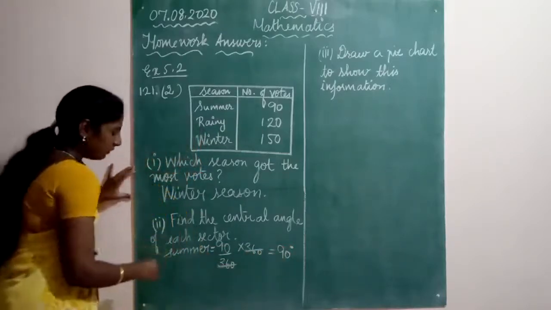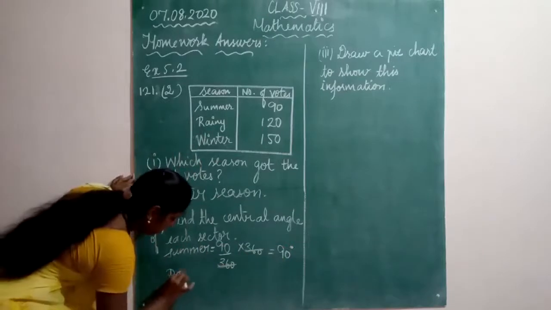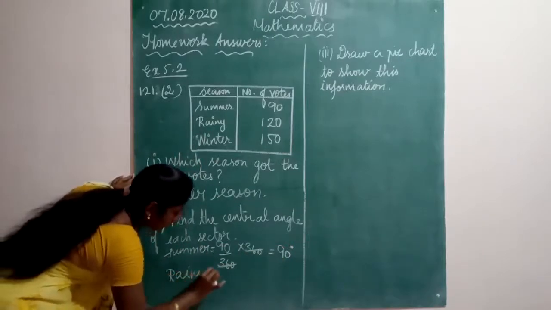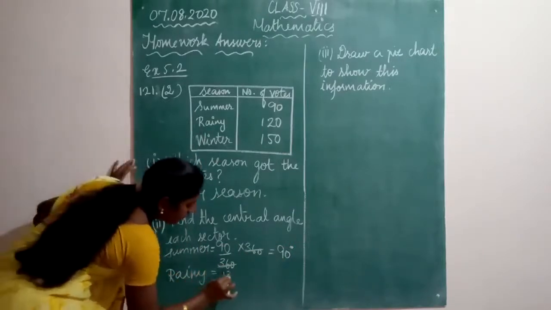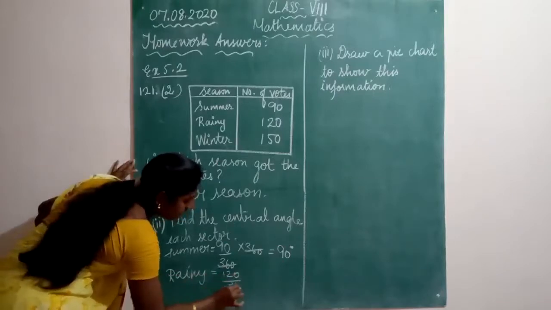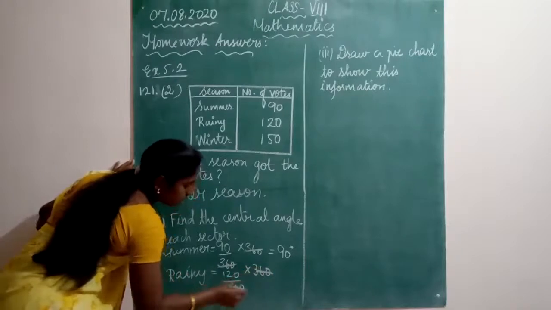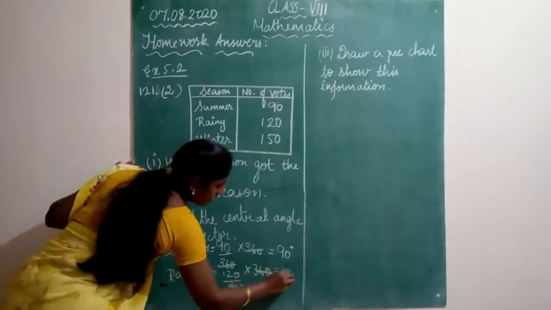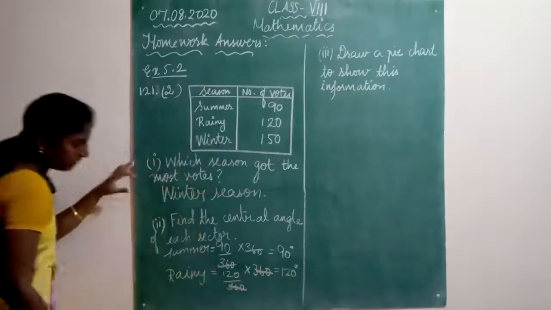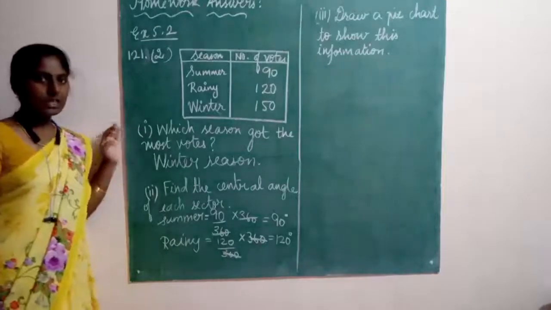Next for rainy, same thing: 120 divided by 360 into 360. The 360s get cancelled, and you will get simply 120. Next is the winter season.